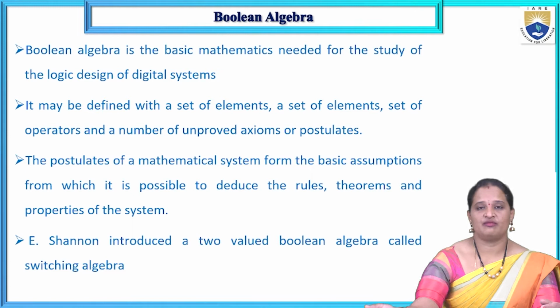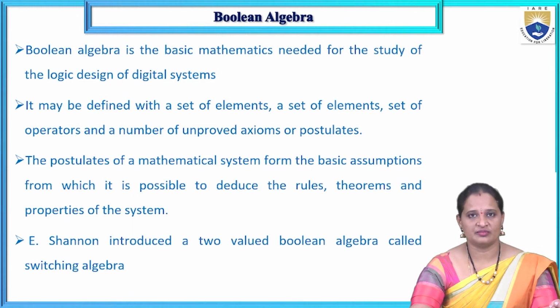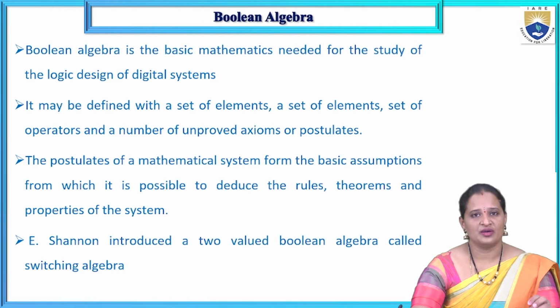So here, first of all, what is Boolean Algebra? Boolean Algebra is the basic mathematics needed for the study of the logic design of digital systems. As we all know, algebra is a collection of principles, laws and theorems. So what is Boolean?